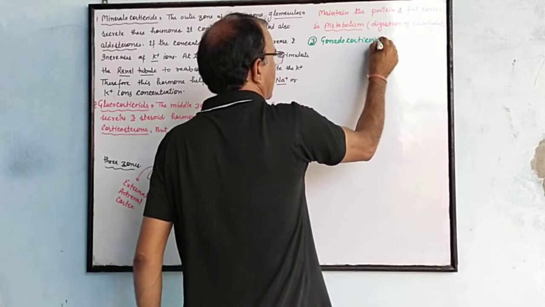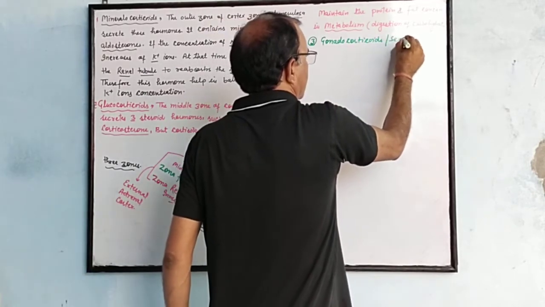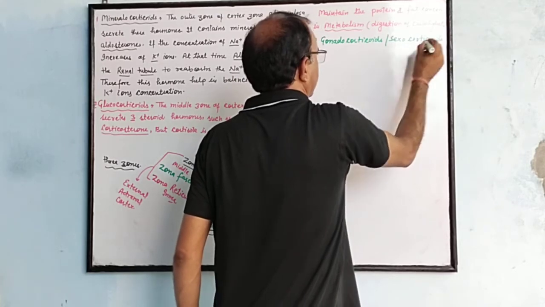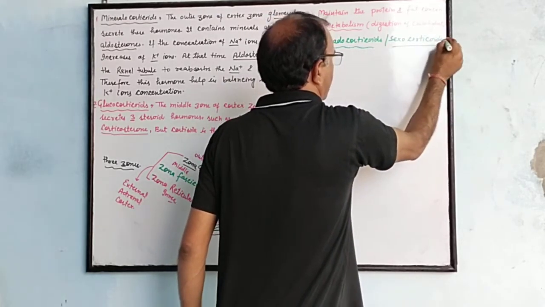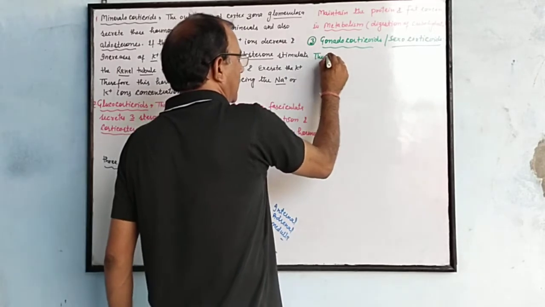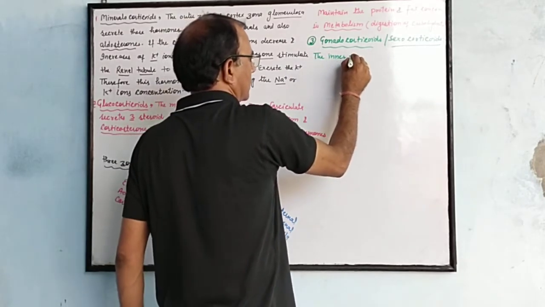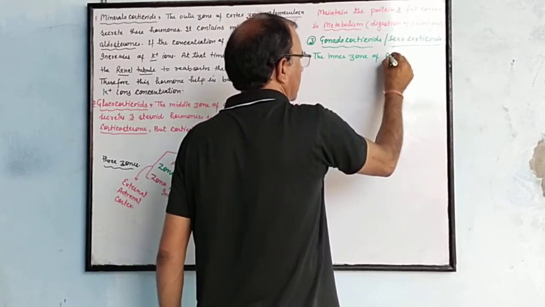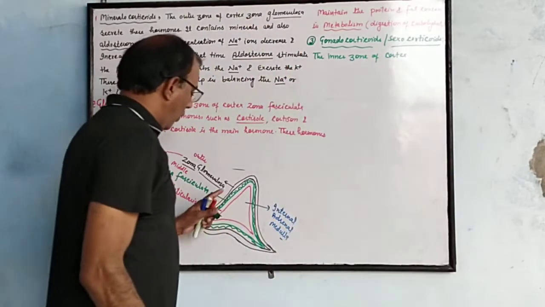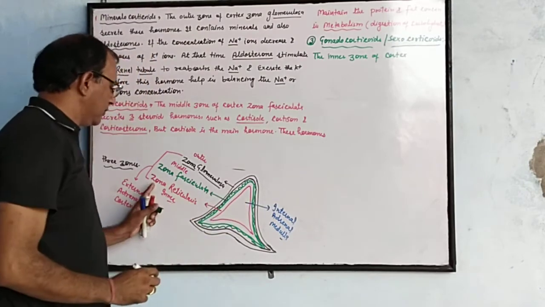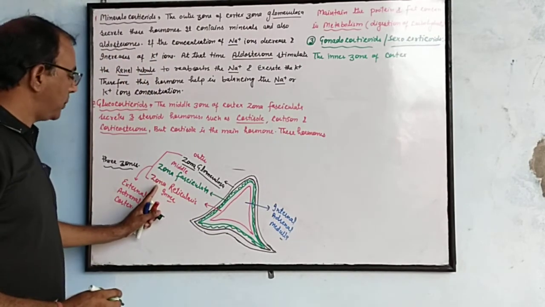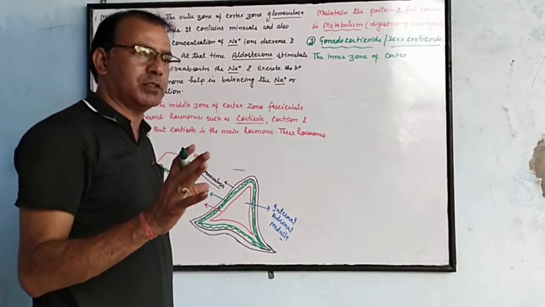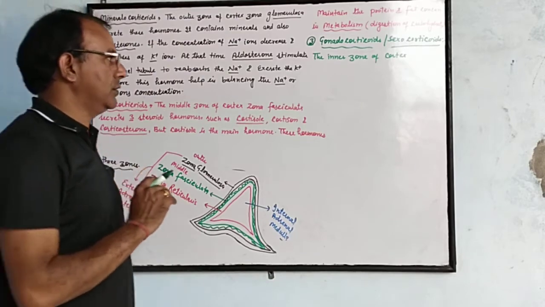The inner zone of the cortex is called zona reticularis. This part secretes another type of hormones. There are two main hormones, androgen and estrogen.